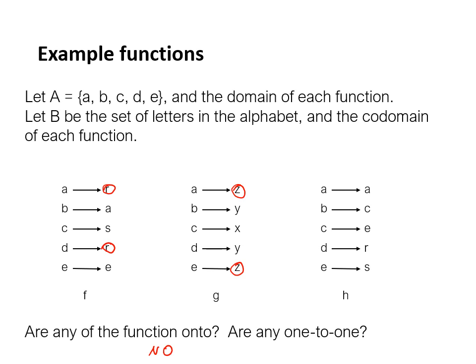What about h? So h is one-to-one, because there are no elements in the codomain to which more than one element of the domain is mapped. Okay, so we determined these properties of an example function.